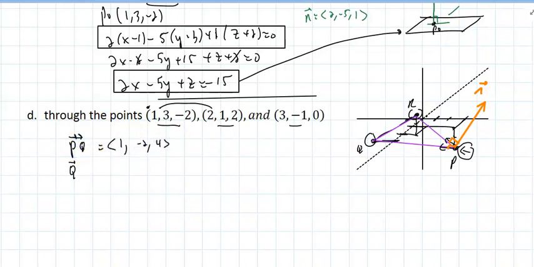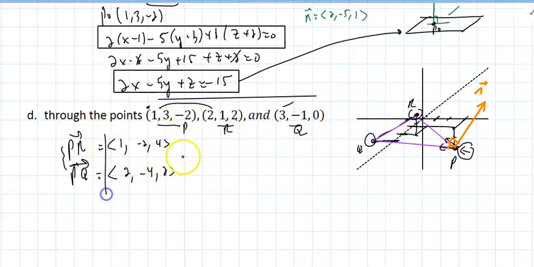So this is PR, which is 2 minus 1, 1 minus 3, and 2 minus 2. And what is PQ? Again, it must be the same vertex. PQ is 3 minus 1, -1 minus 3, and 0 minus a -2.